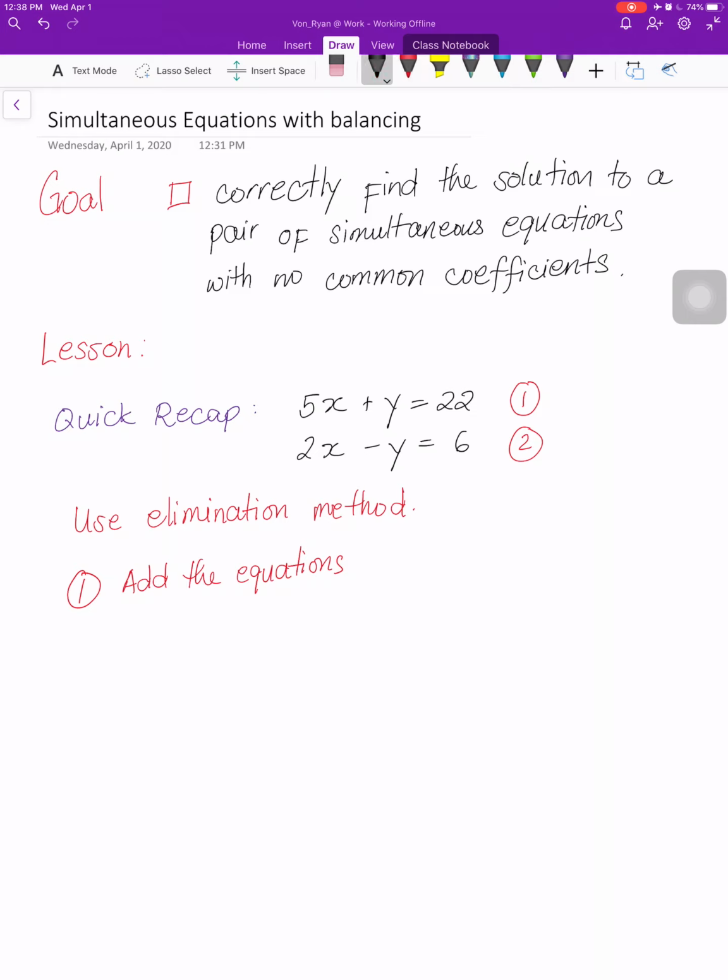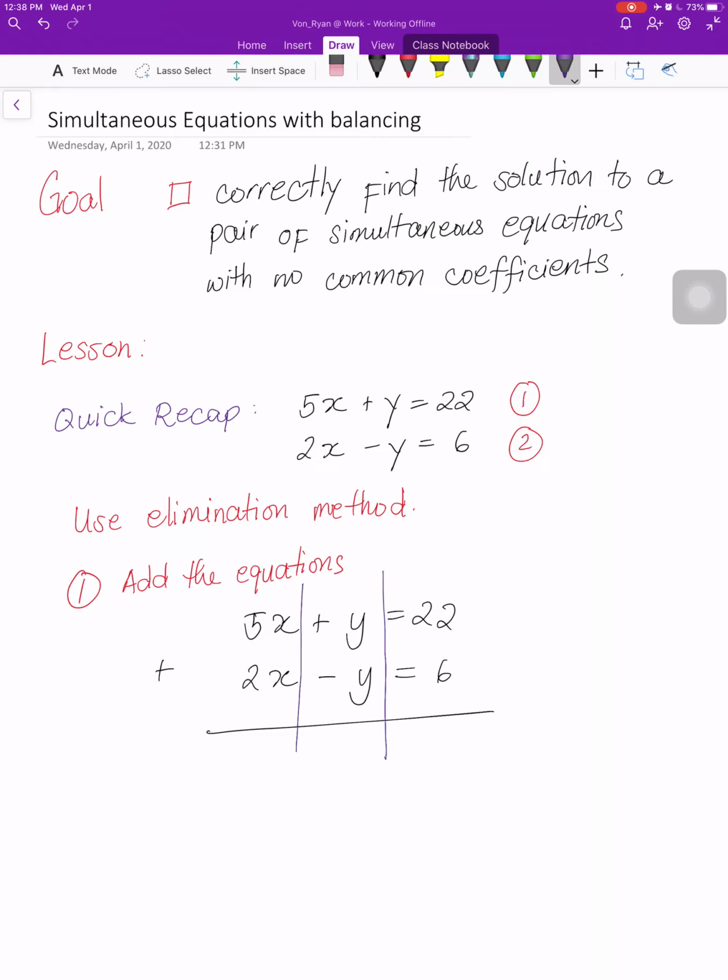So that's what we're going to do with this pair of equations. We have 5x plus y equals 22, plus 2x minus y equals 6. You basically divide this into three sections and then add them up. 5x plus 2x is 7x. Now y plus negative y is 0, so that gets cancelled out.